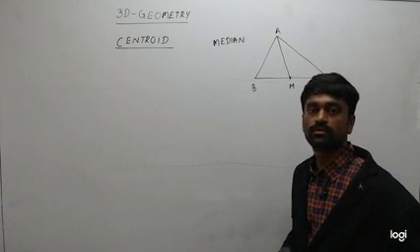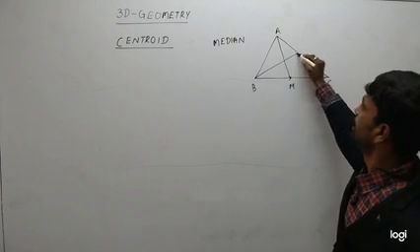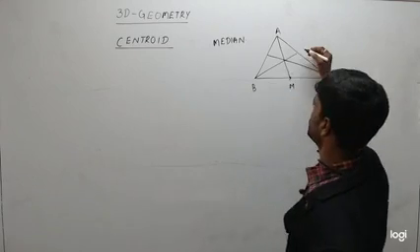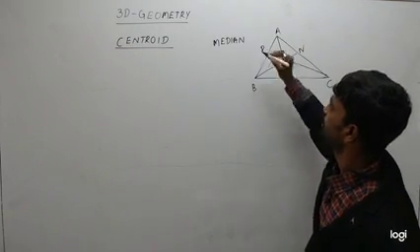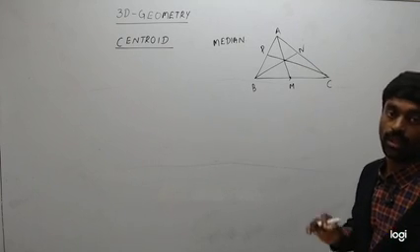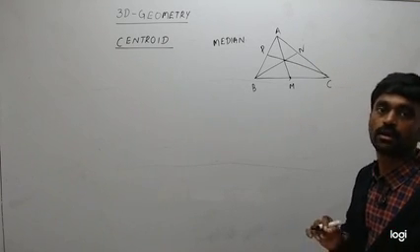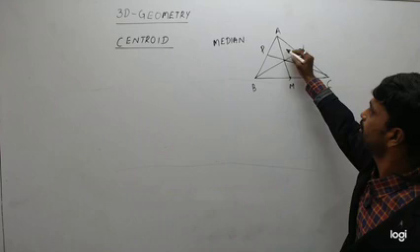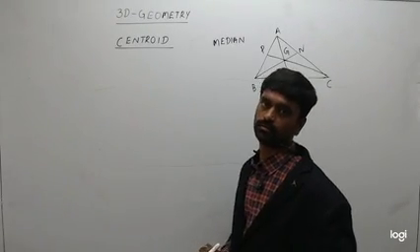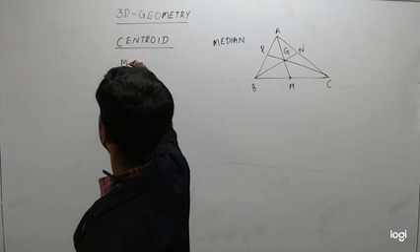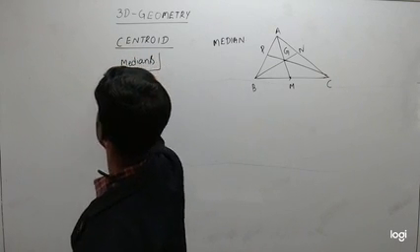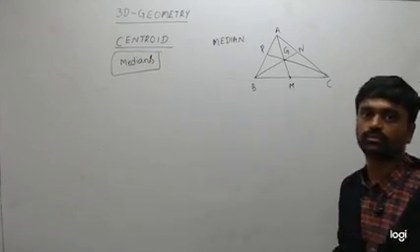Obviously, there will be 3 medians, and these 3 medians are concurrent at one point. That point of intersection or point of concurrency is denoted by G. That G is called the centroid of the triangle. So centroid is nothing but the point of intersection of medians.